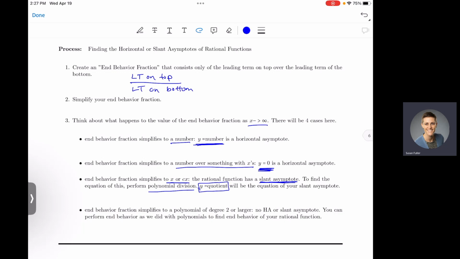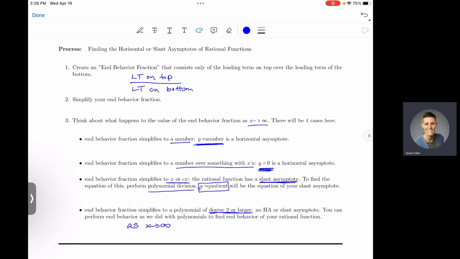And then finally, if your end behavior fraction simplifies to something that looks like x to the second or x to an exponent higher than 2, then you don't have horizontal or slant asymptotes. You have polynomial end behavior, and you will find your end behavior just like we did before.